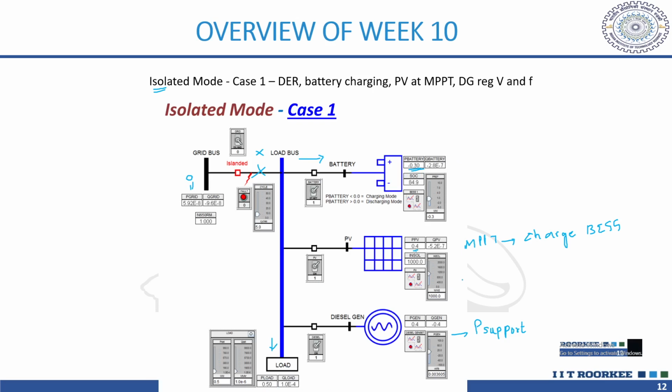So basically, the total generation should be 0.8. And since MPPT mode of PV is given 0.4, that means the remaining has to come from this diesel generator. So the diesel generator is generating 0.4 here. So here PV is injecting and diesel generator is also injecting.